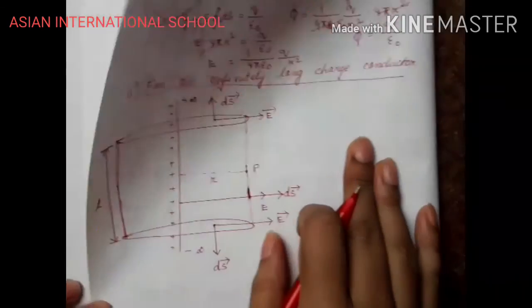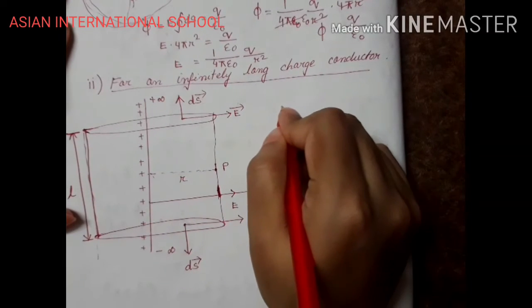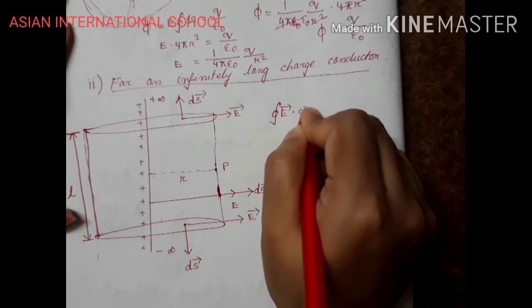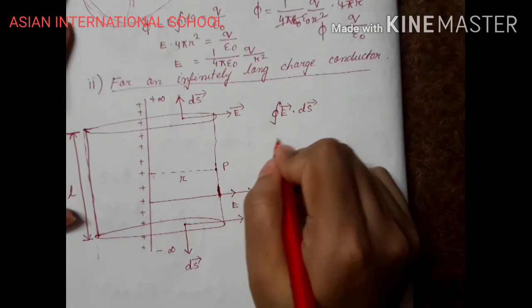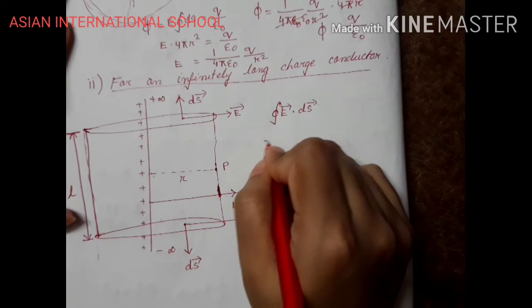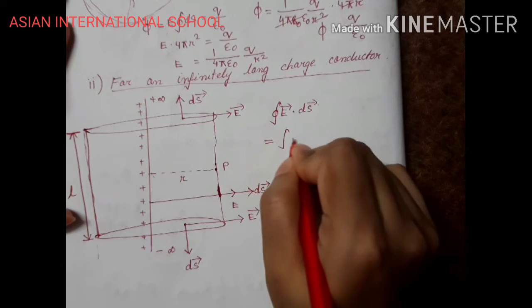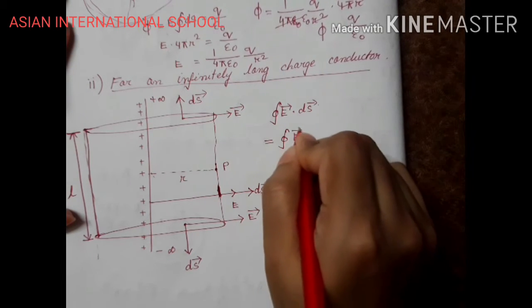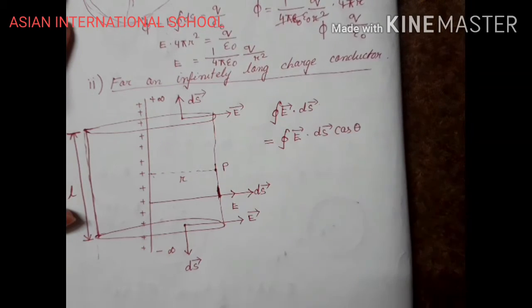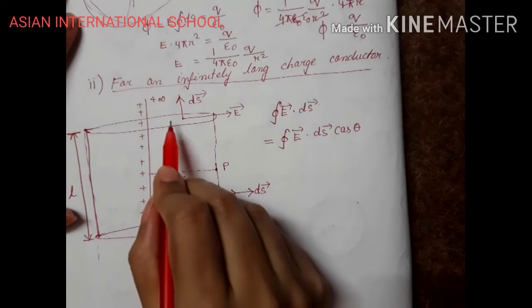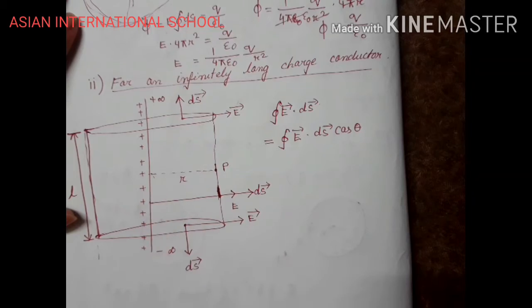Okay. So, if I have to apply Gauss theorem, that is E dot dS. Now, this E dot dS, I can write as E dS cos theta. Now this E dot dS is responsible for three types of portion: the top, base and curved.